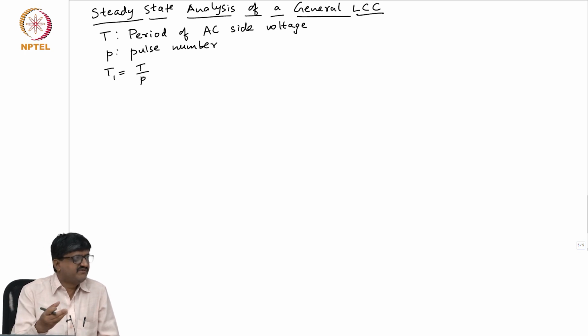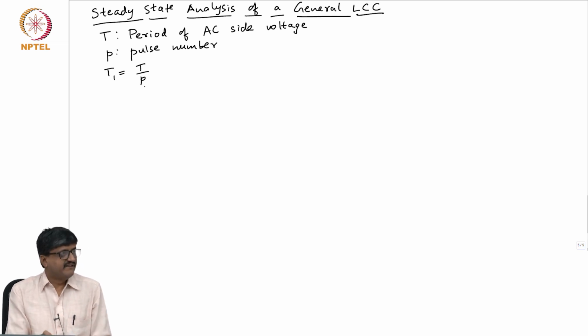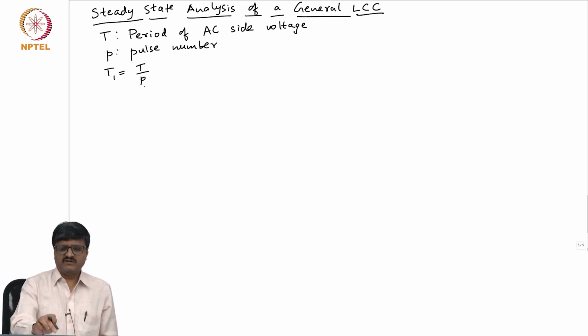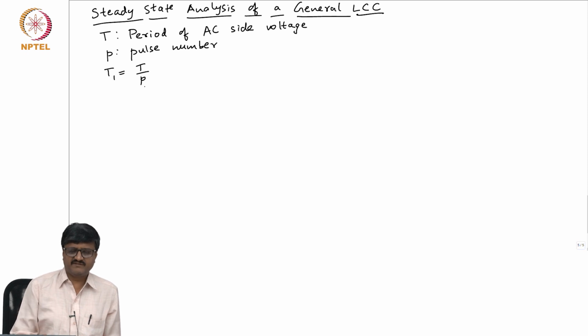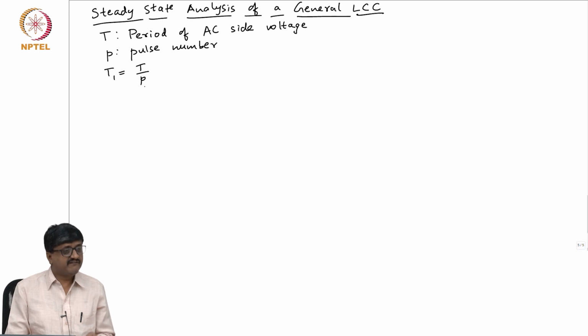We have been using this name, interval. If T in degrees is 360 degrees, P is 6, then 360 by 6 is 60 degrees, that is interval. So, T1 is the interval, but now we are using notations corresponding to the period or interval in terms of time instead of angle.